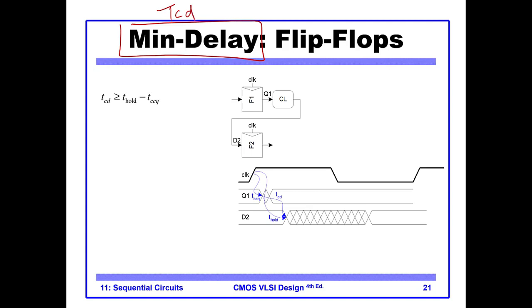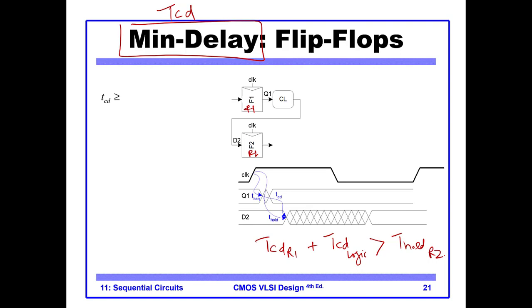Okay, so again we already talked about this. The second formula was, if you remember, that if we have this kind of connection between R1 and R2, then TCD of R1 plus TCD of logic should be greater than T hold of R2.